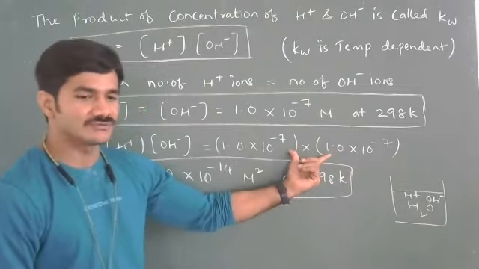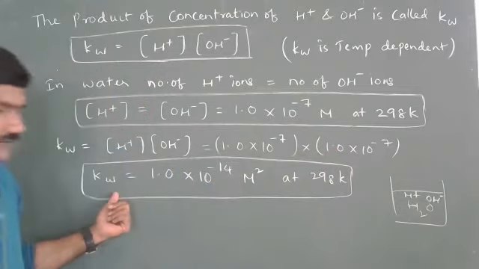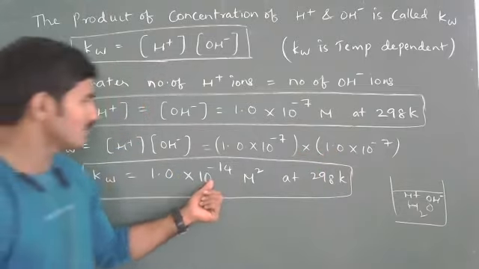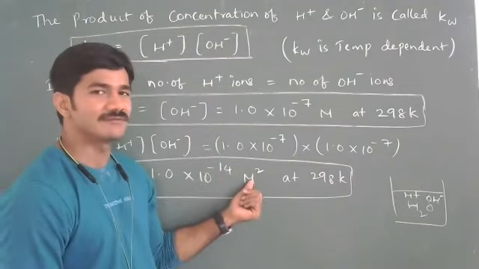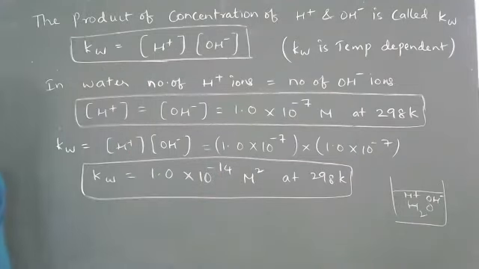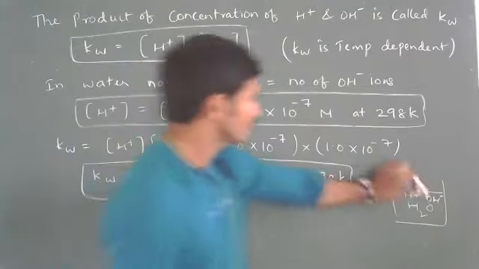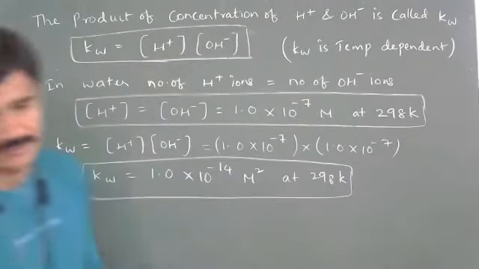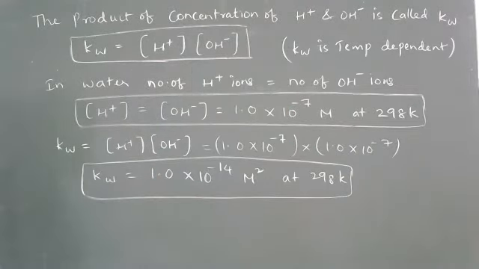If you multiply these two, Kw is equal to 1.0 into 10 power minus 14 molarity square, that is mole per liter square, at 298 Kelvin. Understood? Any doubt?